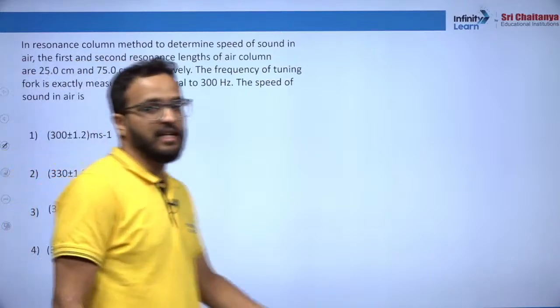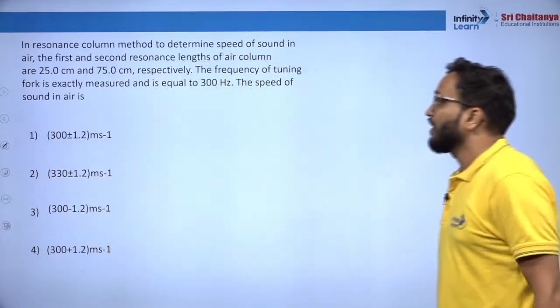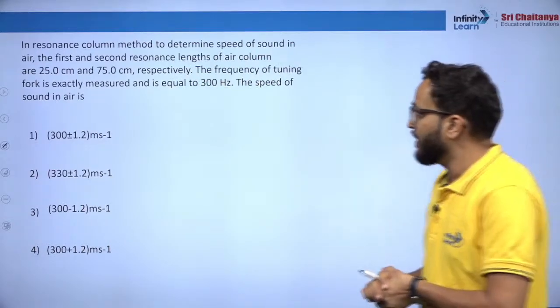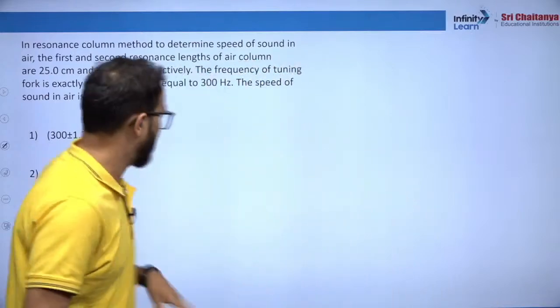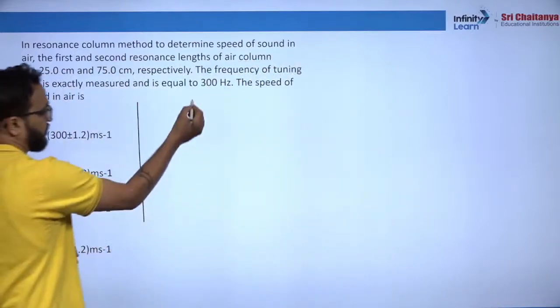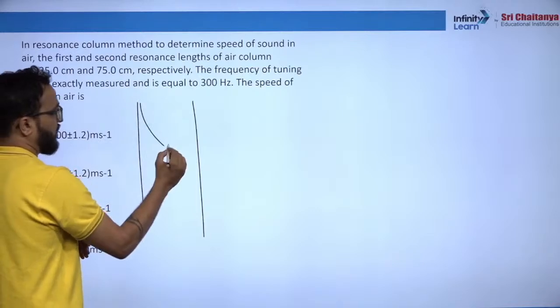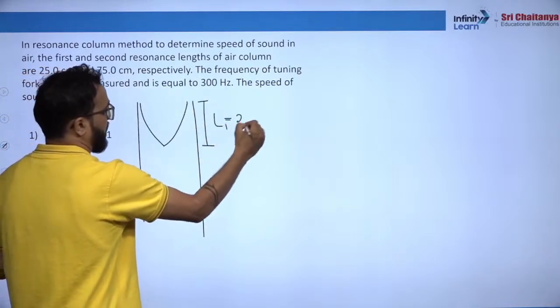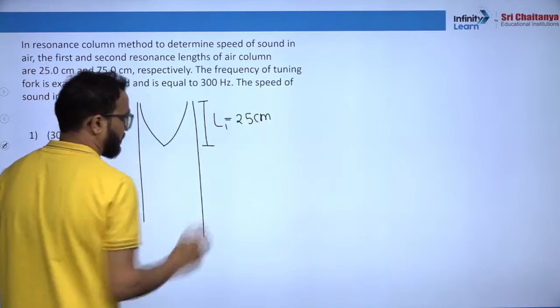So here they are saying that in a resonance column method, to determine the speed of sound in air, the first and second resonance lengths of the air column are given. Let's quickly solve it. See, the first case is this. So this length is, let's say L1, this is 25 centimeter.